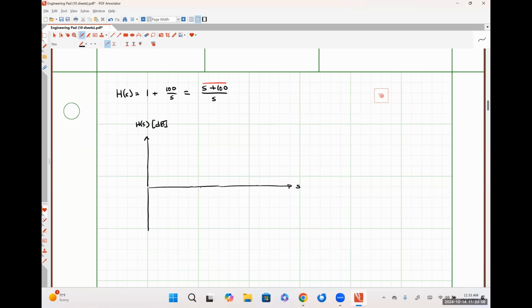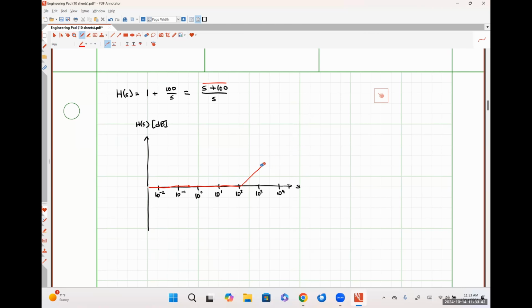Okay. So let me put my axes here. So 10 to the 0, 10 to the minus 1, 10 to the minus 2, 10 to the plus 1, 10 to the plus 2, 10 to the 3, 10 to the 4, and so on and so forth, right? So our 0 is going to give us a contribution of 0 up until 10 to the 2, and then we're going to increase at a slope of 20 decibels per decade.